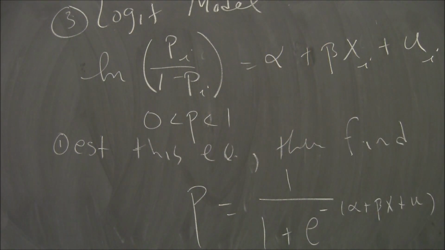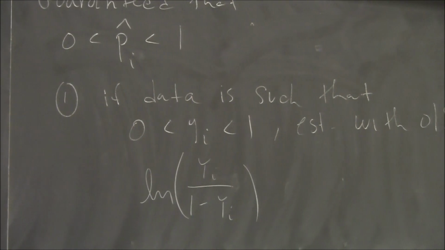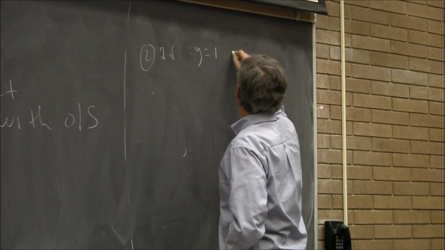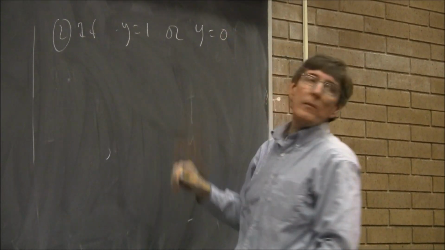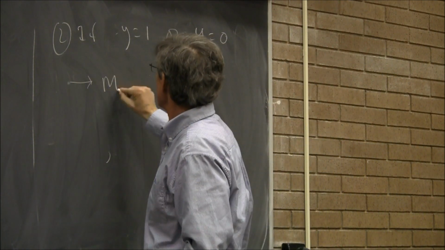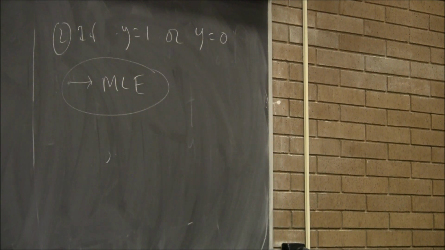So the second thing we said last time is, if y equals 1 or y equals 0, as in our first example, then you have to use maximum likelihood estimation. And we haven't talked about that yet.